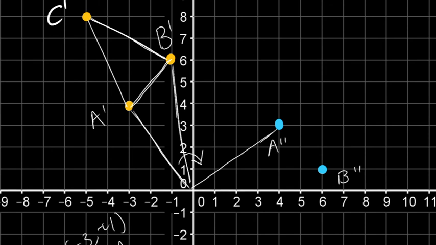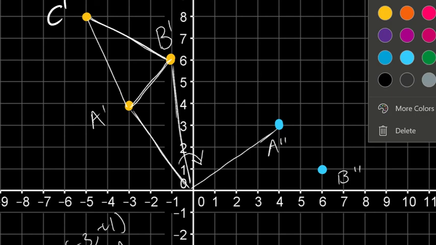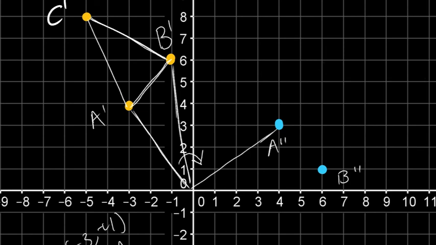The last time I'm going to need to do this is for point C. If I look at C, I can see the slope. It was down 8, and then over 5. So instead I'm going to go up 8. That does not look right. No, I'm going to go up 5 and then over 8. 1, 2, 3, 4, 5, 6, 7, 8.